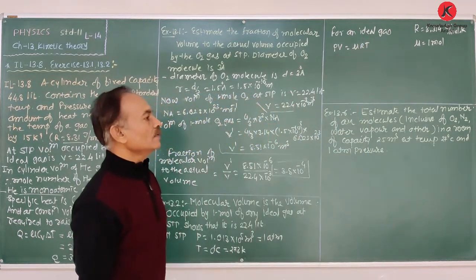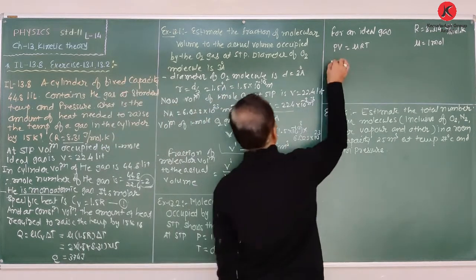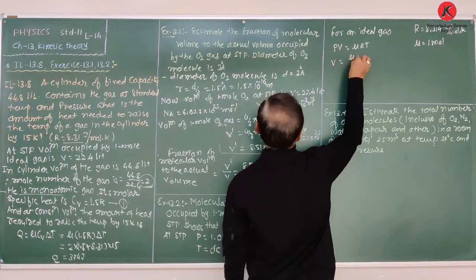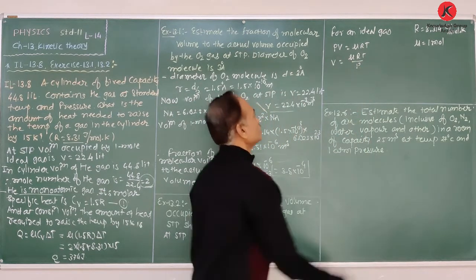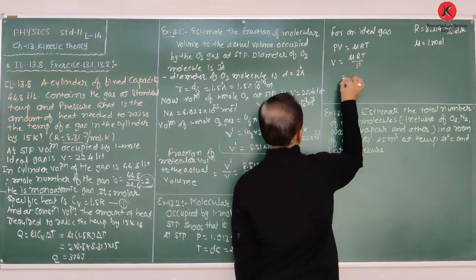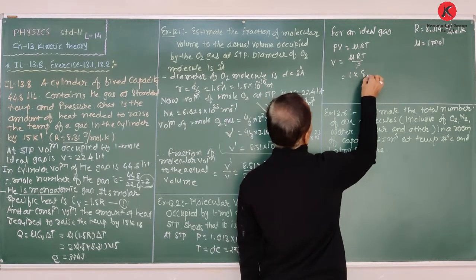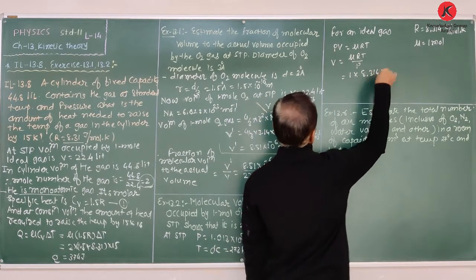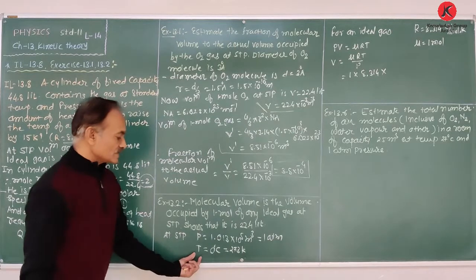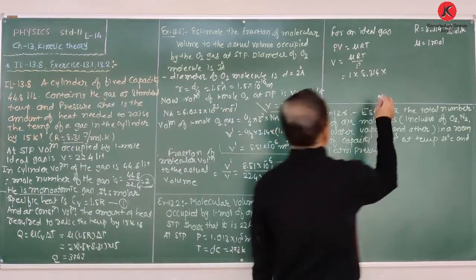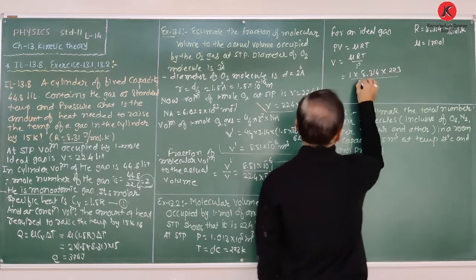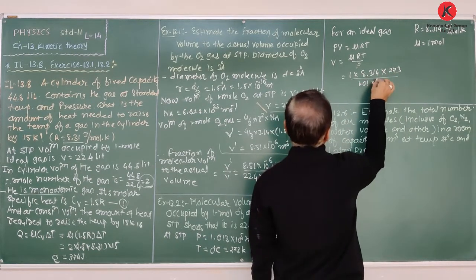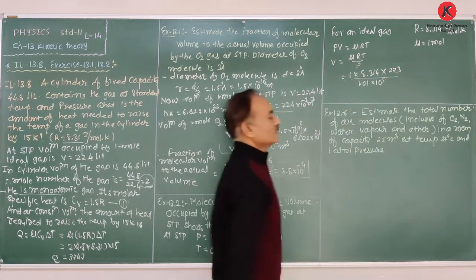Therefore, V is equal to mu RT upon P. Substitute all values. Mu is equal to 1 mole, R is 8.314, temperature 0 degrees centigrade or 273 Kelvin, upon pressure 1.01 × 10^5.